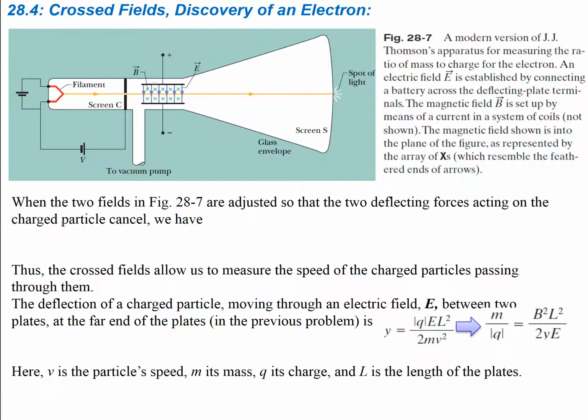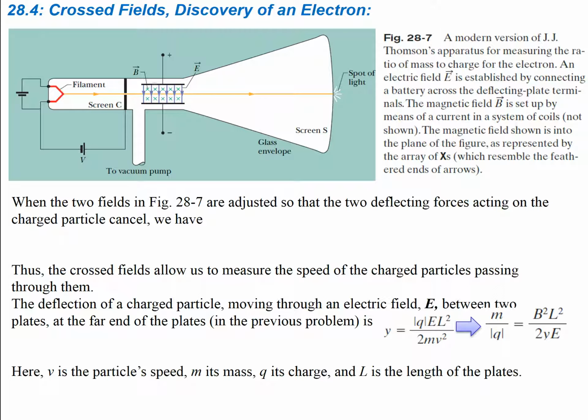Okay, so crossed fields and the discovery of the electron. What they're showing here is a modern version of the J.J. Thomson apparatus for measuring the ratio of mass to charge for an electron. This was an experiment done back in the early 1900s or late 1800s.